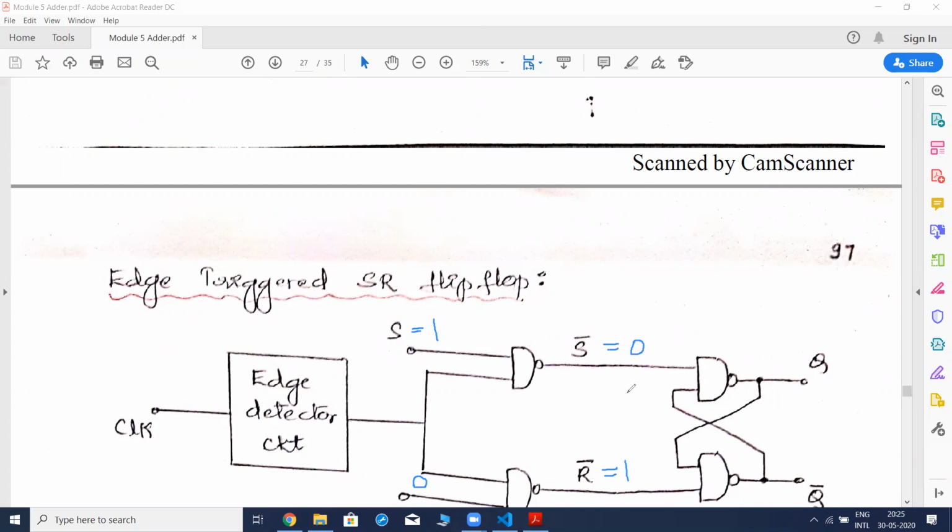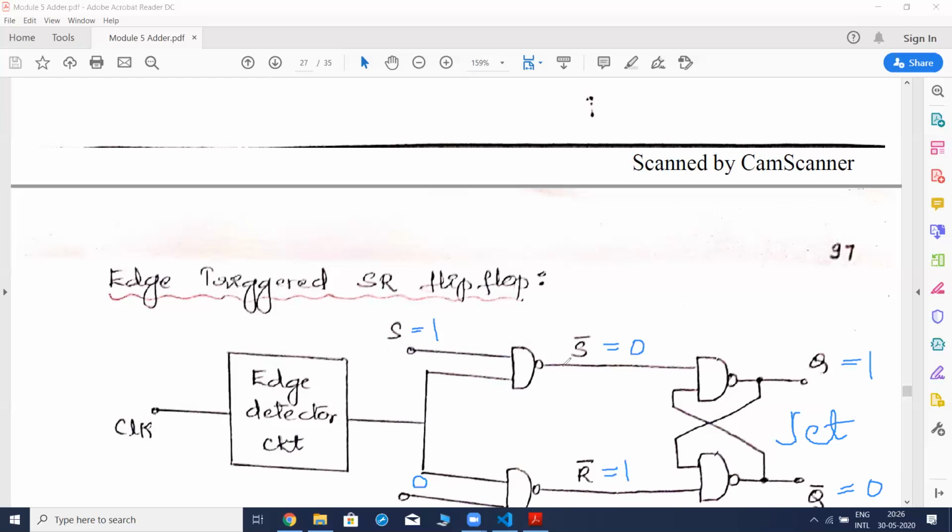So according to the S bar R bar latch, if S bar is 0, we are going to get Q as 1 and Q bar as 0. This condition is called the set state. Because this is nothing but our S bar R bar latch, according to its truth table, if S bar is 0, we get the set state.